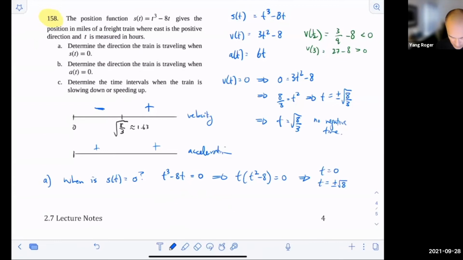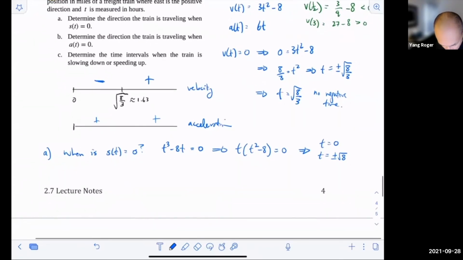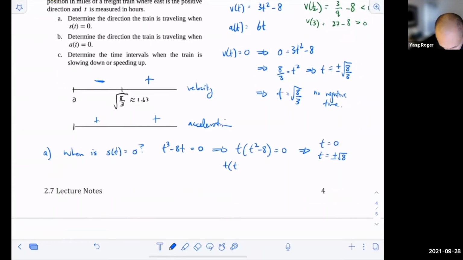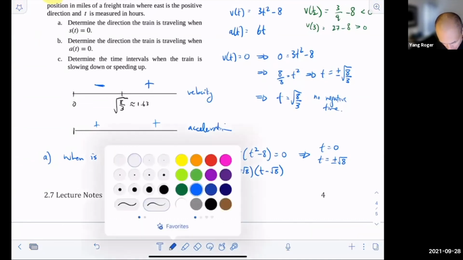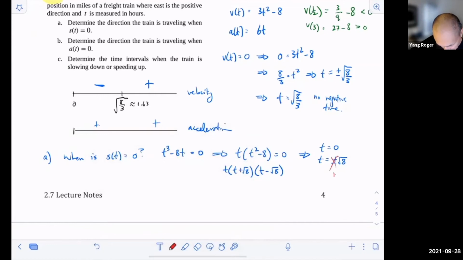Maybe you could write this as a difference of squares, so it's t times (t plus rad 8)(t minus rad 8), if you wanted to factor it. So now I need to calculate the velocity at each of these points. We don't allow negative time, so we're just going to make that positive rad 8. Okay, no negative time.